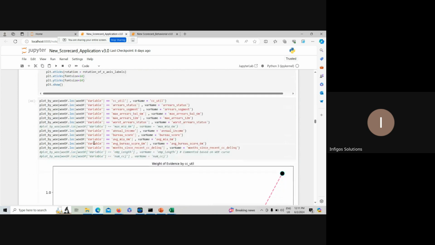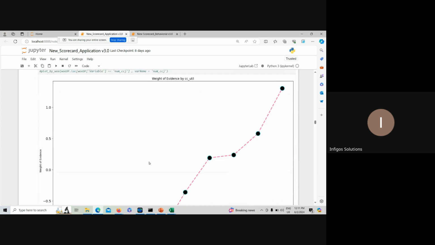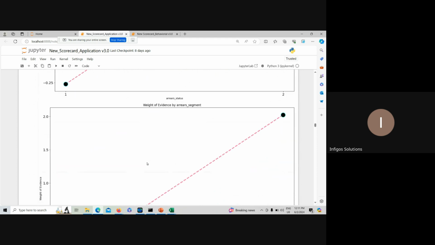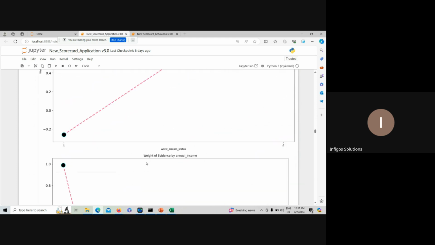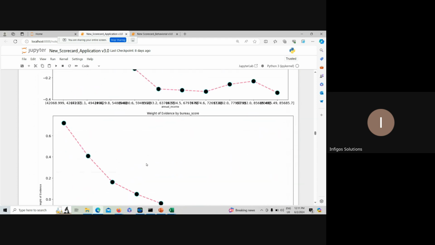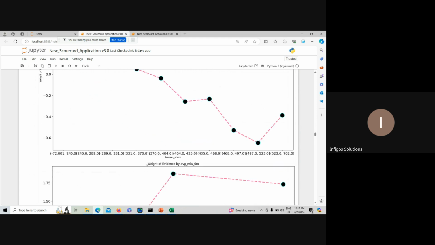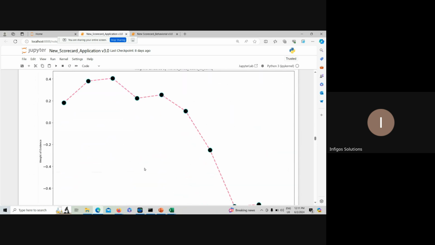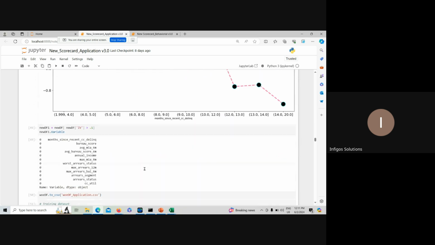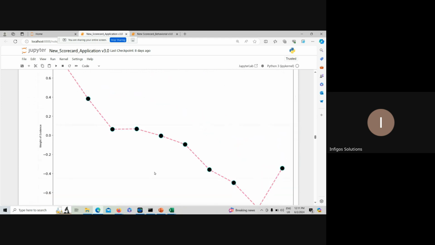After doing the plot of WOE, you will see which variables are good here, like this one. This is okay. This is also okay. This is okay. Most of the variables are okay.